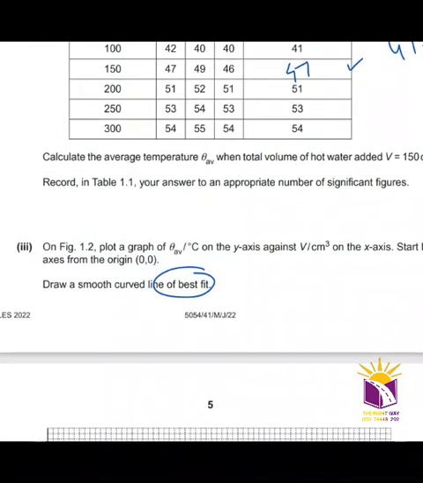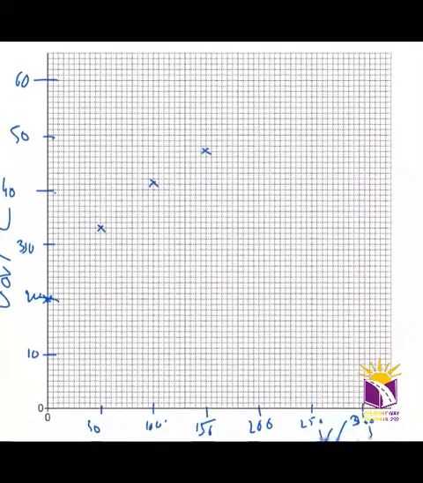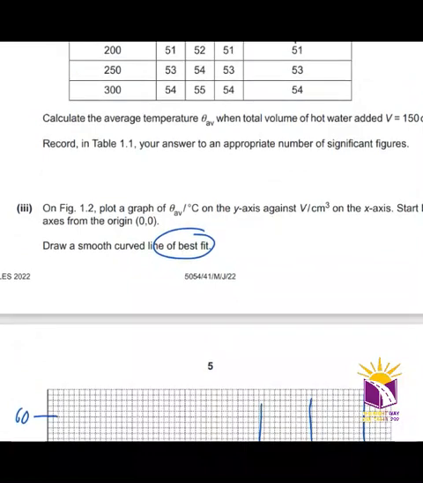Now for the 53 and 51, 53 and 54, 51, 53 and 54, 51, 53 and 54, 51, 53 and 54.